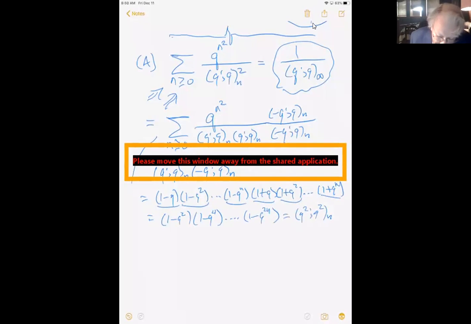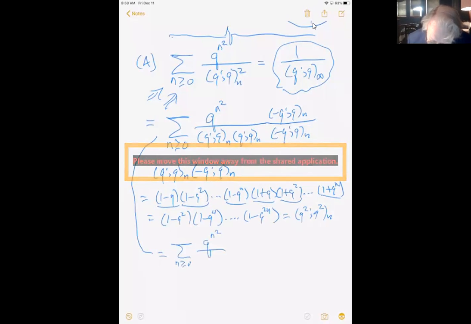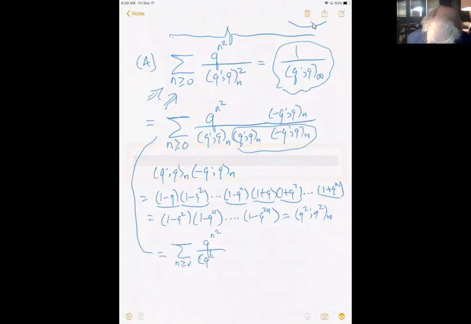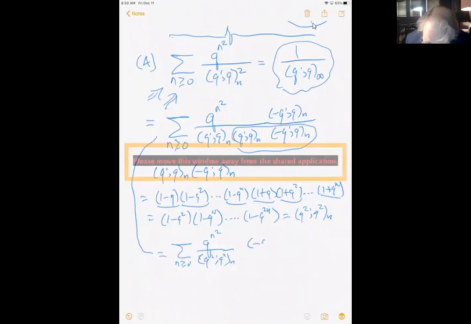And so that expression is equal to the summation n greater than or equal to 0 of q to the n squared. You combine these two, and you get q squared sub n. And now you're left with minus q sub n and q sub n.